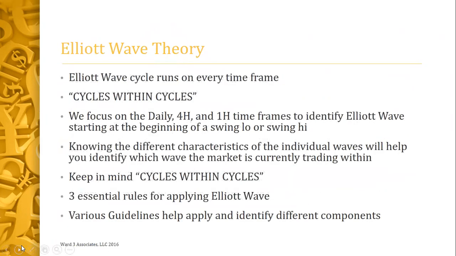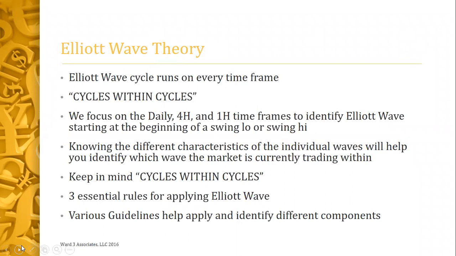Okay, Elliott Wave runs on every time frame. So that means from the 1 minute all the way to the yearly, or all the way to the monthly. Again, Elliott Wave is cycles within cycles. And I'll show you the cycles within cycles on the chart, all right? We focus mainly on the daily, the 4-hour, and the 1-hour time frames when we're looking to identify Elliott Wave at the beginning of a swing low or swing high, all right?